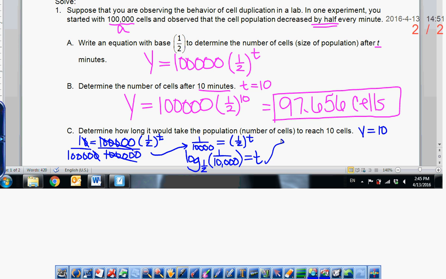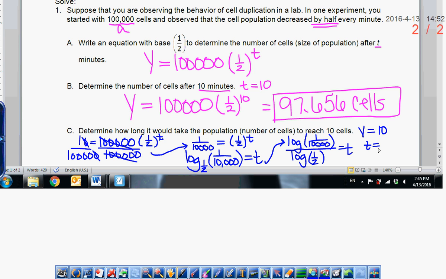All right, then remember our change of base formula. So you take your log of your argument, so log of 1 over 10,000 divided by log of 1/2. And that's what you're entering in your calculator.